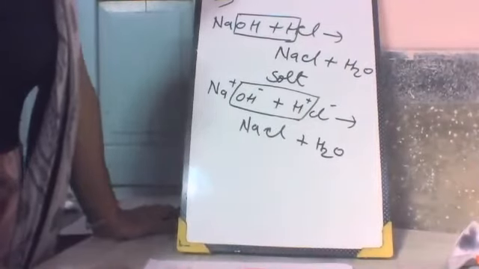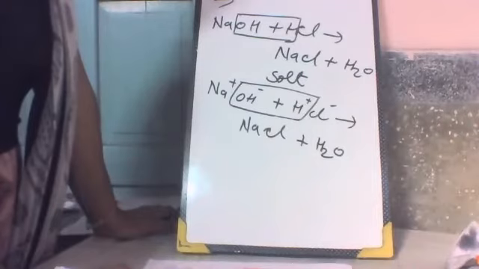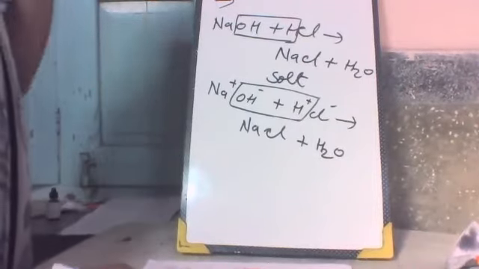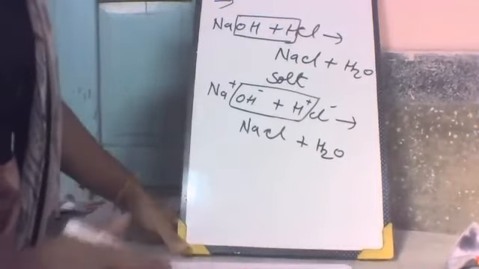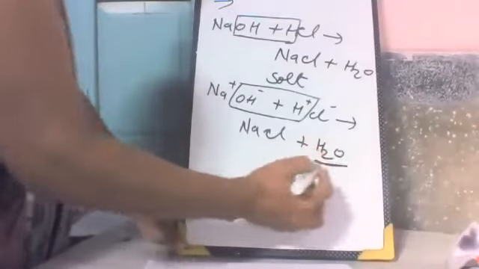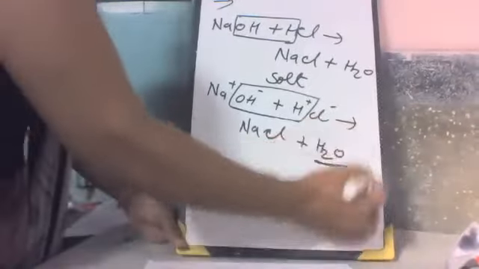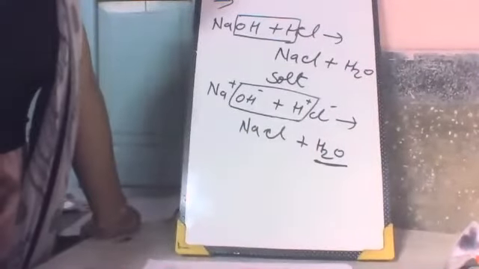Cancelling the common ions Na plus and Cl minus, the only change is the combination of H plus and OH minus ions to form unionized water. There is no ion in this water. It's neutral. So this type of reaction is known as a neutralization reaction.